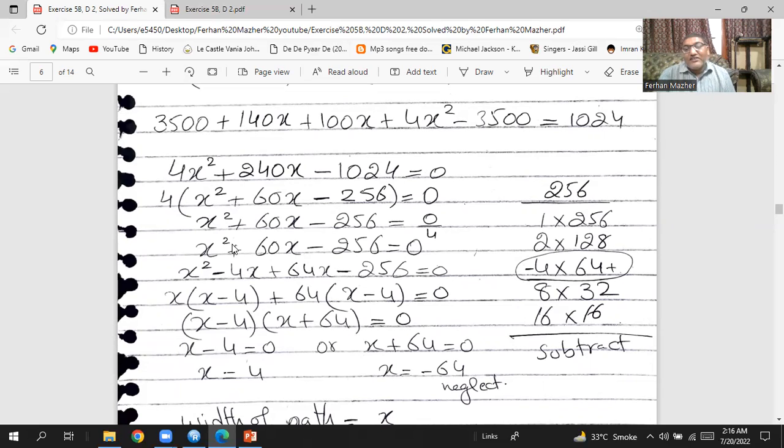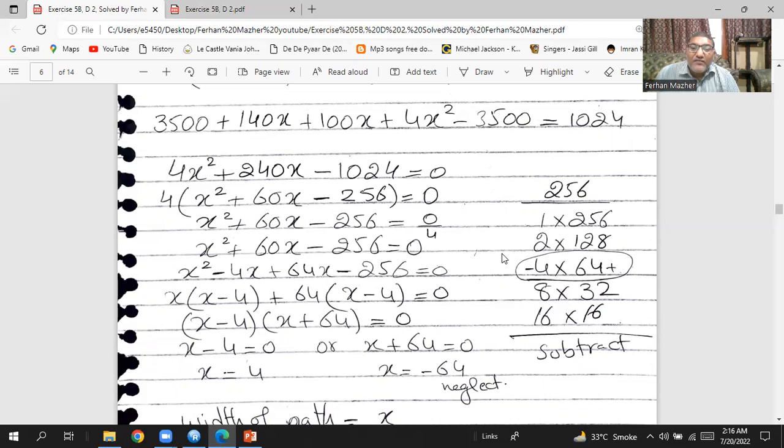So I will write the factors of 256, the pairs that multiply to give 256. They will be 1 into 256, 2 into 128, 4 into 64, 8 into 32, and 16 into 16. With the third term, you have a negative sign, so I will write here subtract. I have to choose the pair which by subtraction will give me 60.